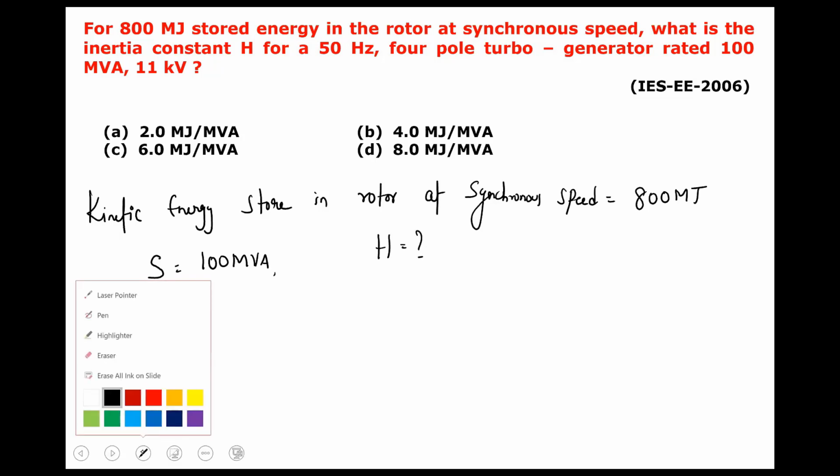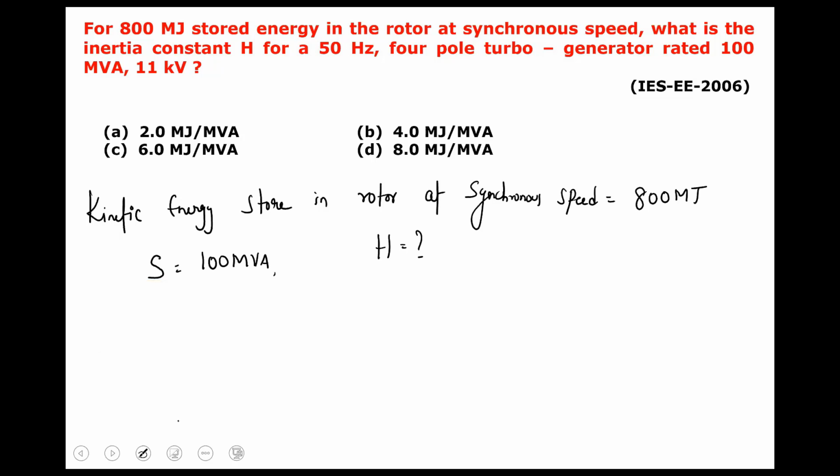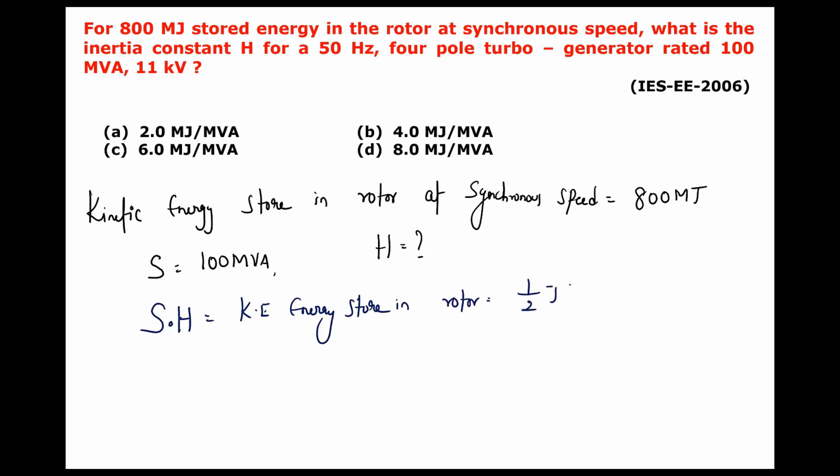If you remember, the fundamental definition of H is the kinetic energy stored in the rotor at synchronous speed divided by MVA rating. So S into H is equal to the kinetic energy stored in the rotor, that is equal to half J omega S square at synchronous speed.